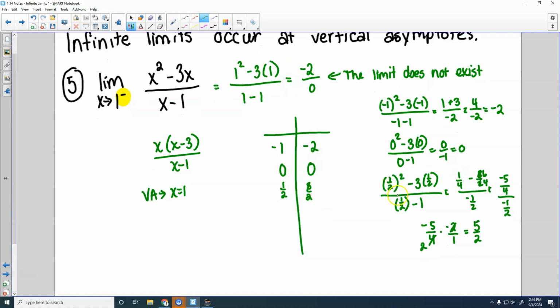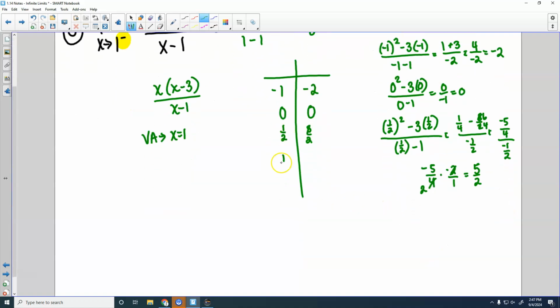I'm going to do one more. I'm going to do 1/10 right here. 1/10 is a lot of times pretty easy to plug in. So 1/10 squared minus 3 times 1/10 over. Oh, let's do 9/10. Sorry.